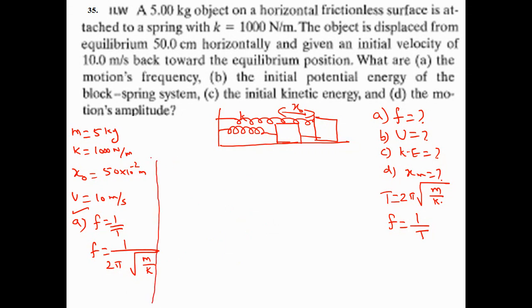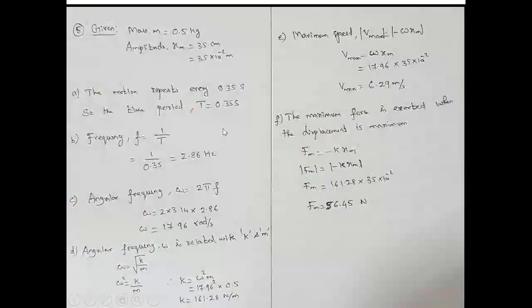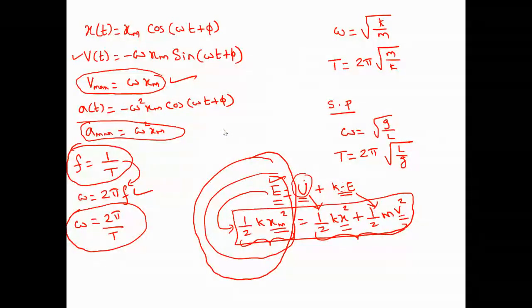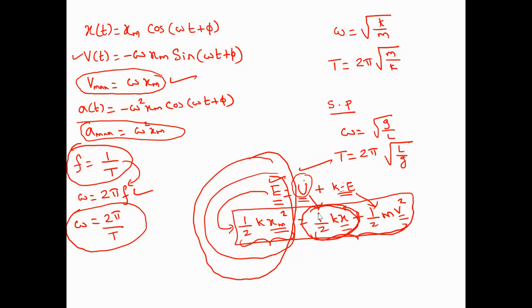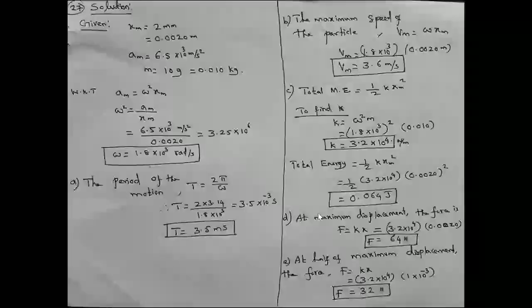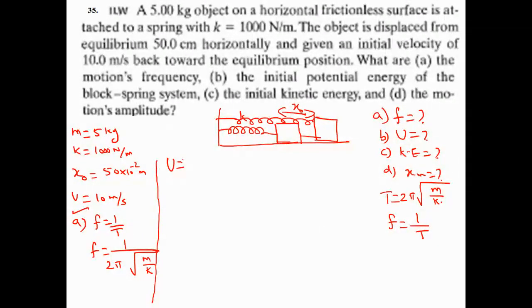Okay, let's come to the second question. What is the formula for potential energy, my dear? Just go back to the formula slides. This is my potential energy: half k x square. So I can just write this here. My potential energy is equal to half k x naught square.